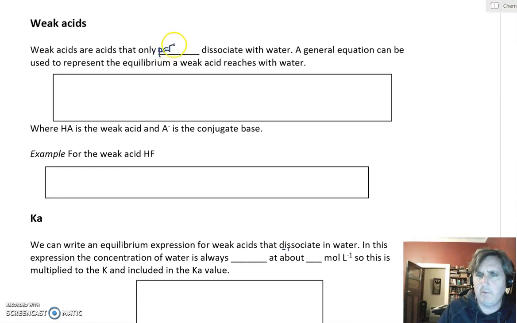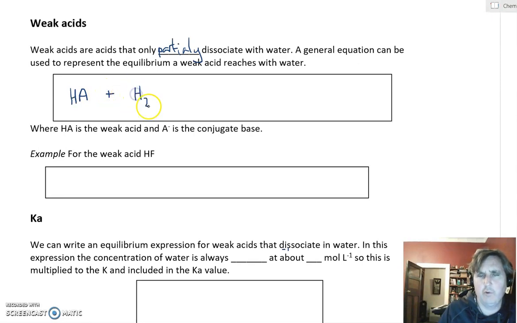Now, what we mean by that is they set up a dynamic equilibrium with water. So we generally use this symbol here, HA, to represent a weak acid. There's a hydrogen or proton plus the acid. The A represents the rest of the acid.